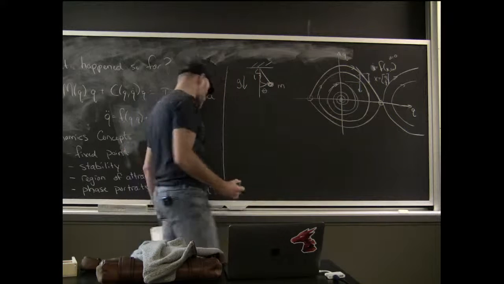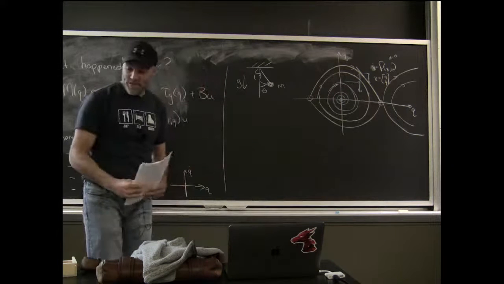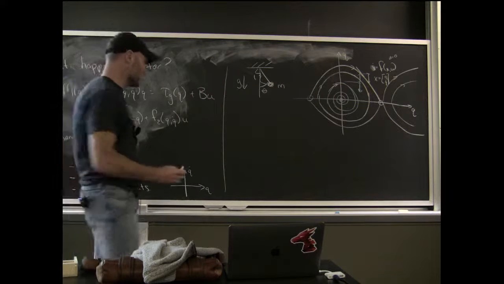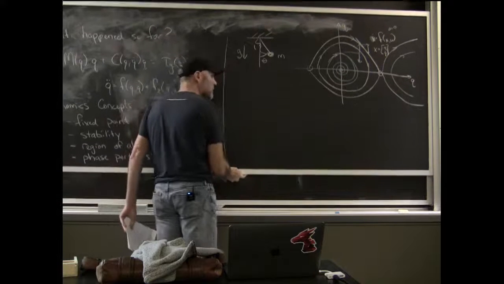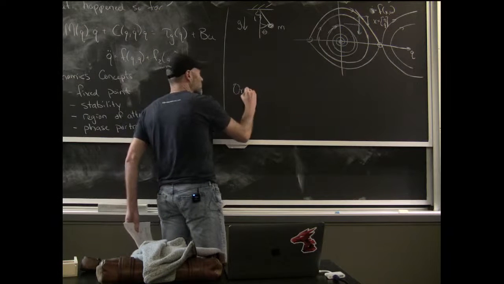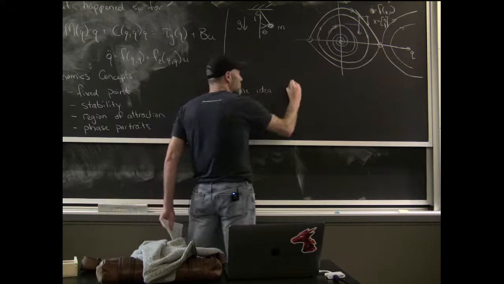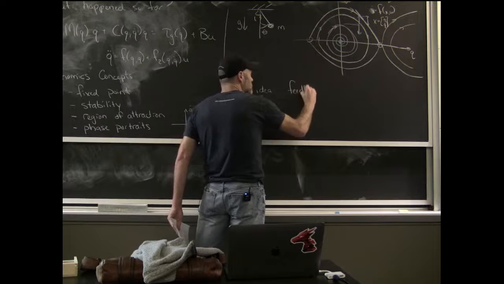Right? So that's the problem of control. We already gave you one idea for control in the first lecture. And that was this idea of feedback cancellation.